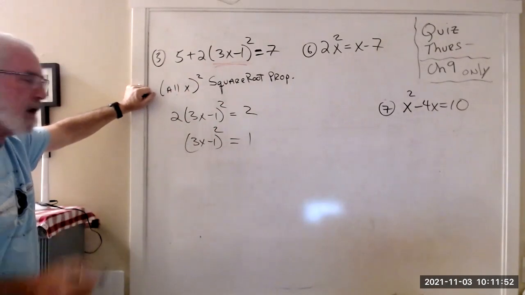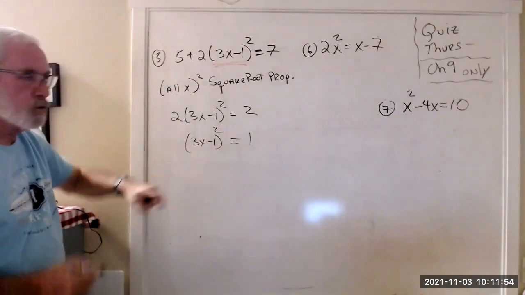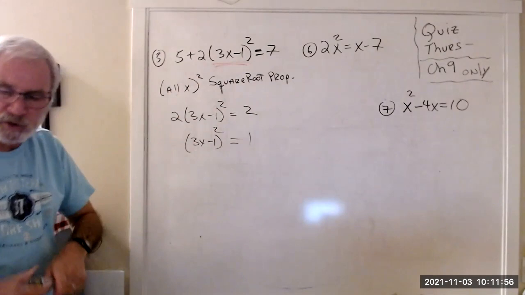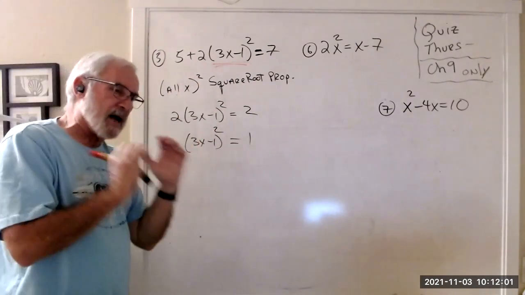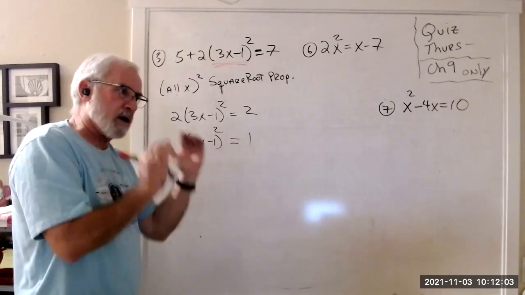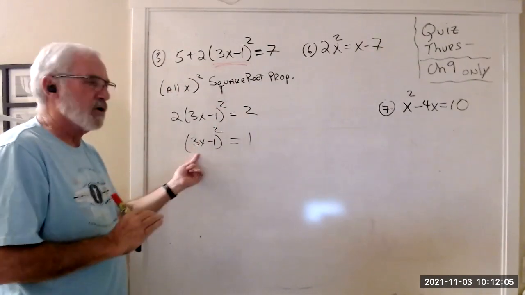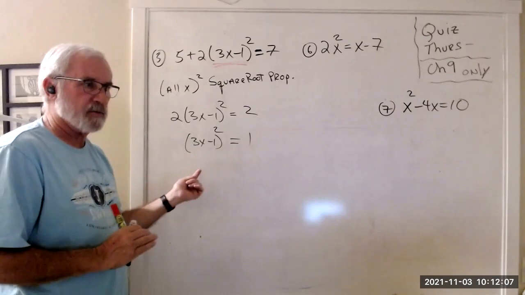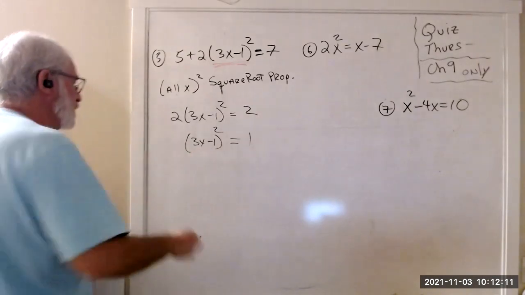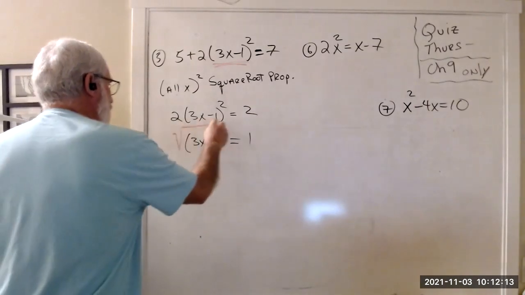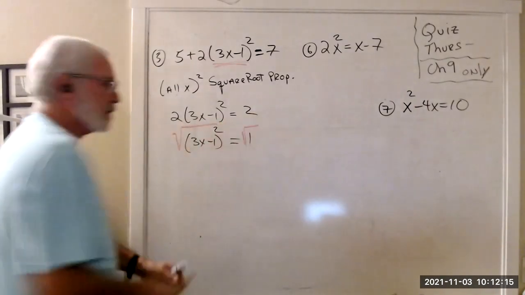Now I can square root both sides. You can only do the square root of both sides when you've got the quantity squared by itself on one side of the equation or the other. So mathematically, I square root this side and I square root this side.